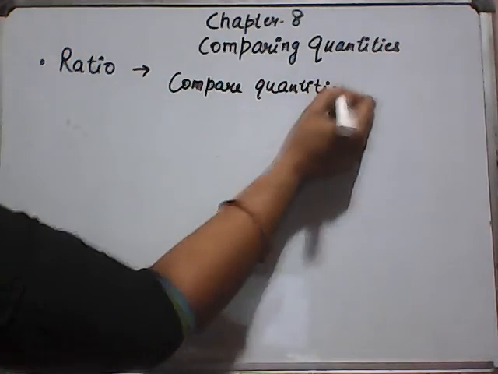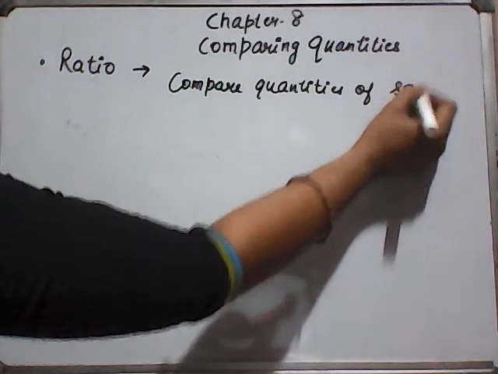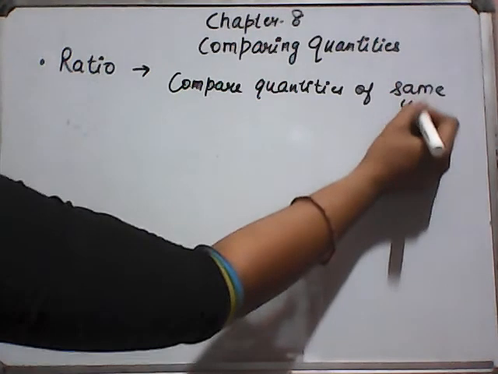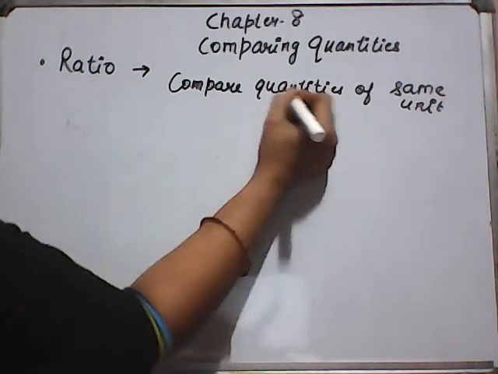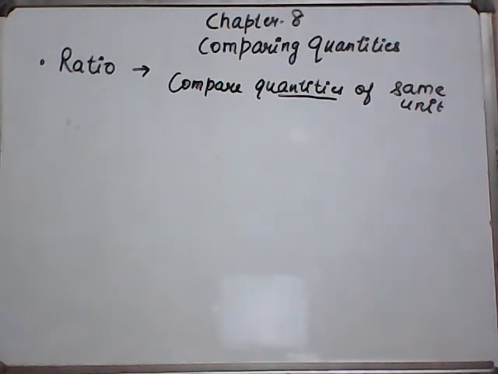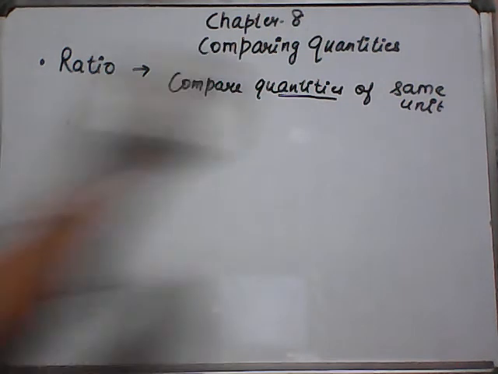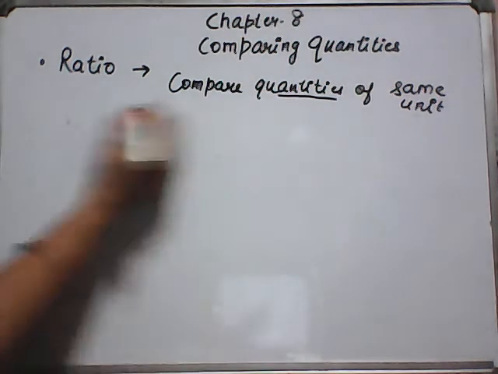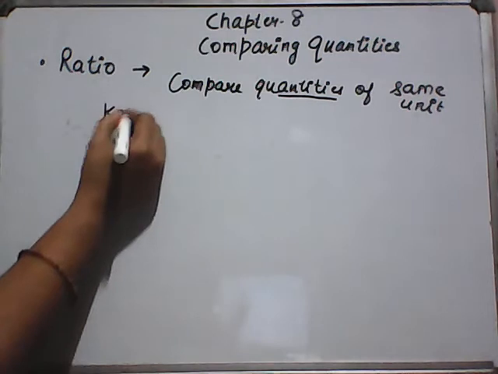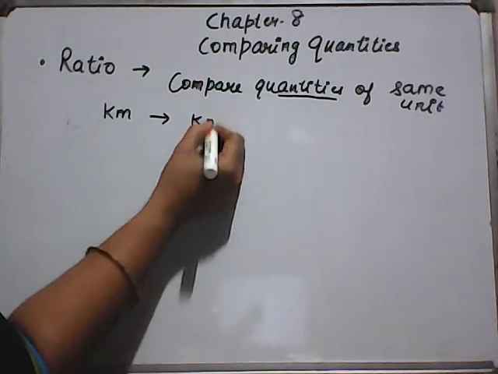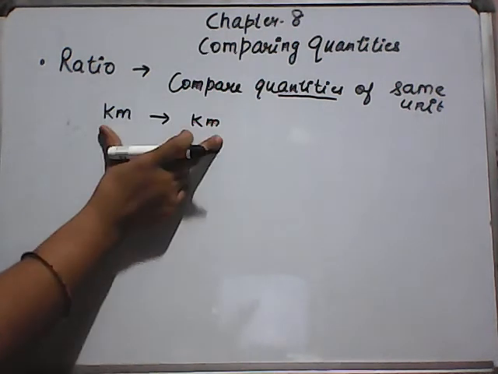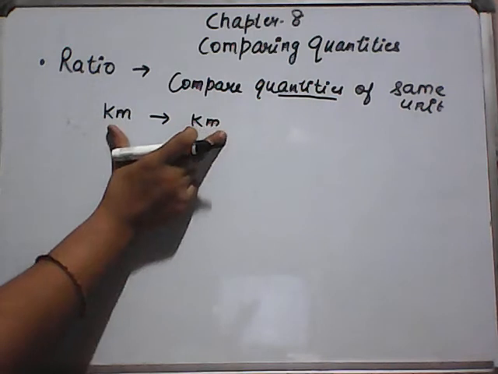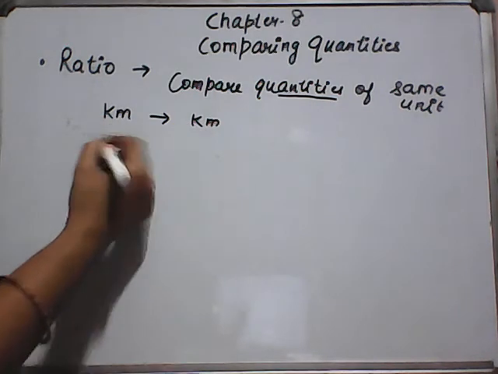Compare quantities of same unit. Here quantities can be length or measurement of length, weight, time, money, etc. Quantities can be anything. Same unit, it means it can be kilometer to kilometer. Both units must be of same kind. You can say kilometer and kilometer, centimeter and centimeter.